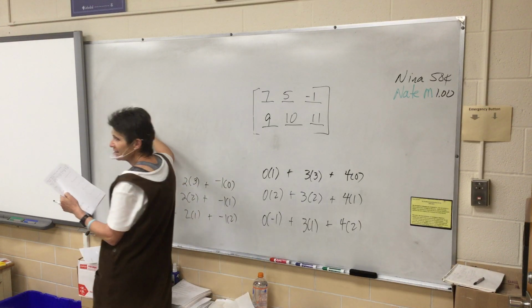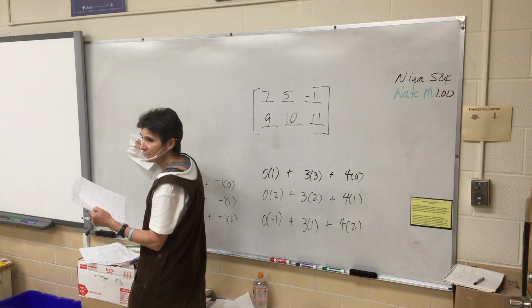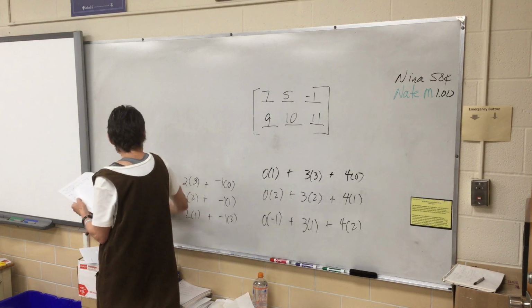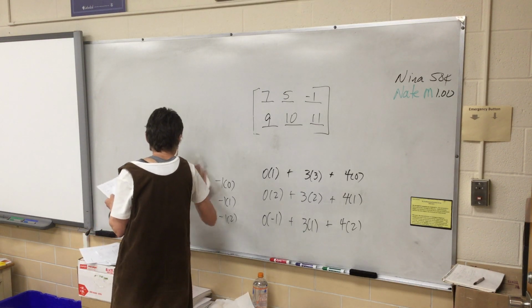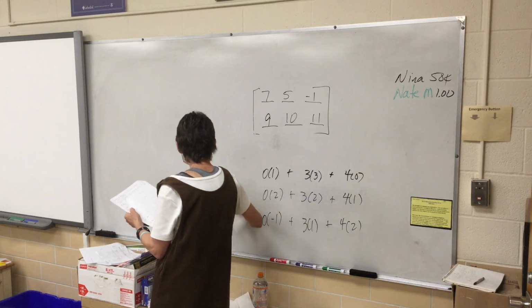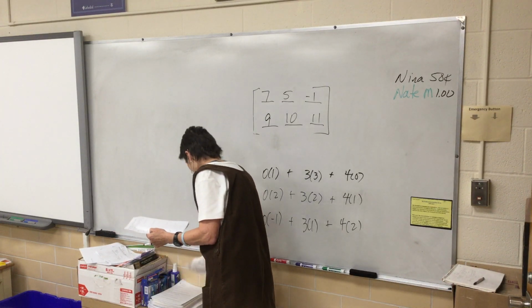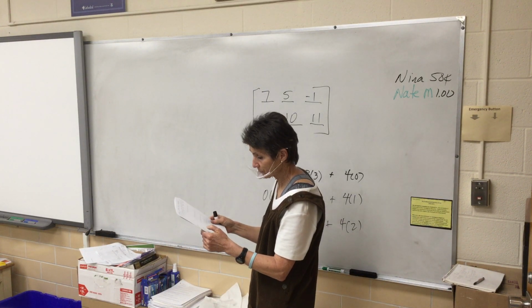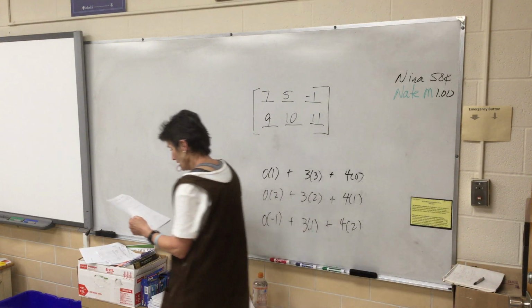Can we add C and A together? No. So B is a no solution. Impossible, can't do. Remember, when you add, you have to have exactly the same size matrix. And we don't. All right.